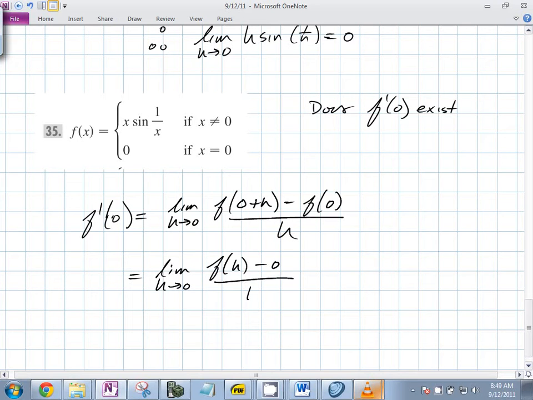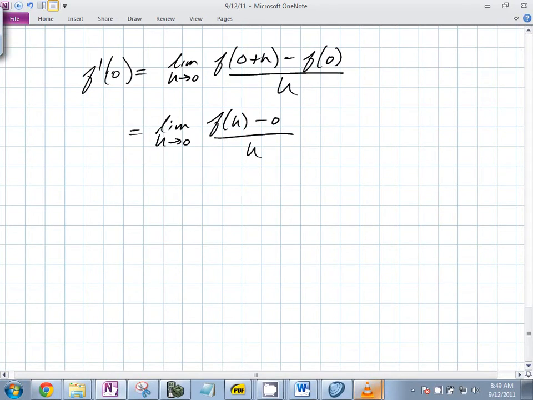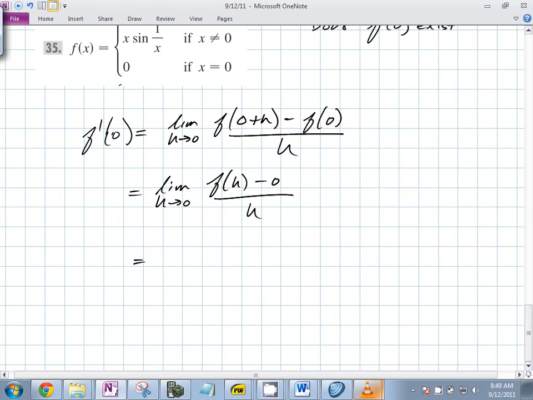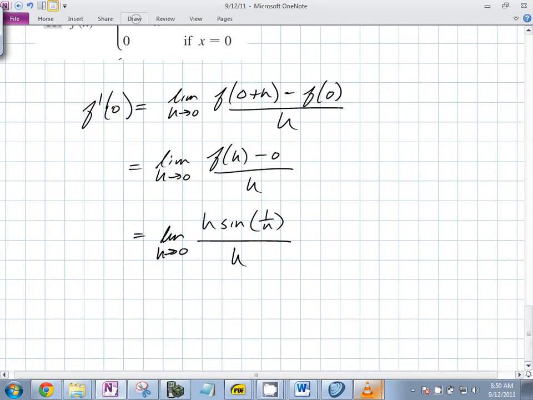What is f of h in this case? h sine of 1 over h. And I've got to put that limit in there. I don't want to lose that. All over h, and this is the limit as h goes to 0. What cancels? The h's cancel, and what are you left with? The limit as h goes to 0 of sine of 1 over h.